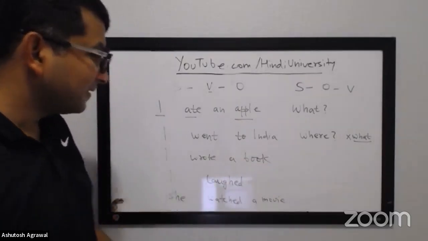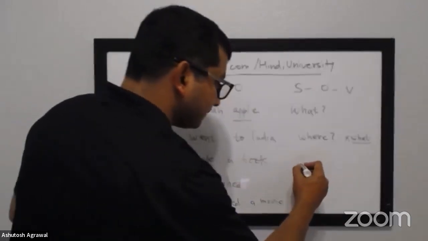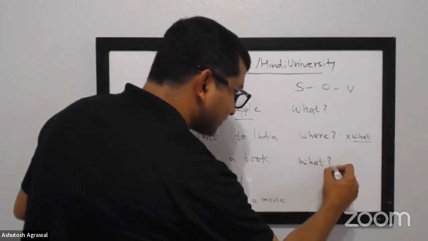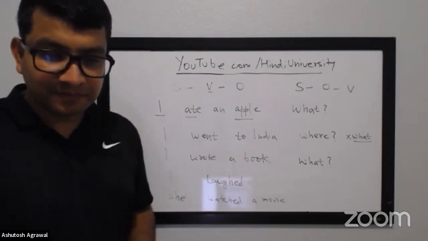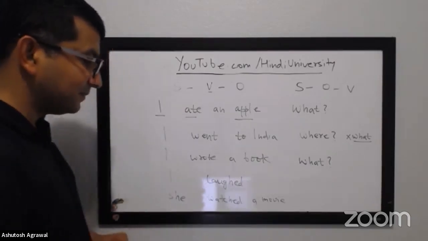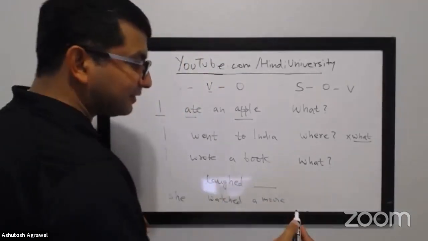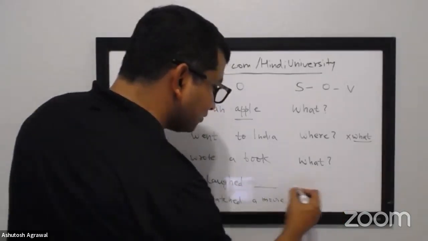Next one. I wrote a book. What did you write? Awesome. And this one? I laughed, no object. You just laughed. You don't really say you laughed what?